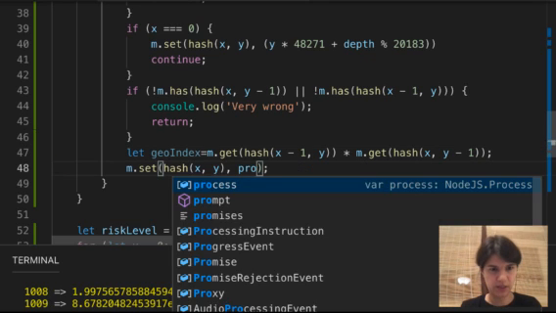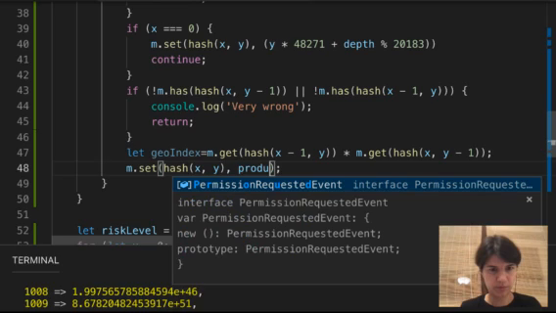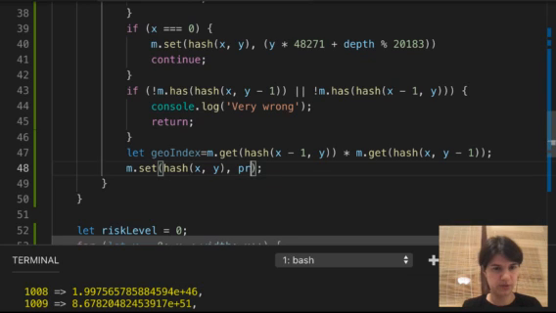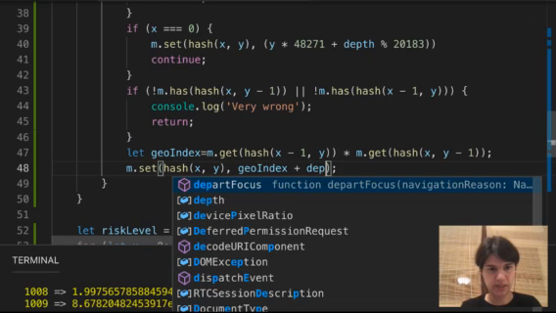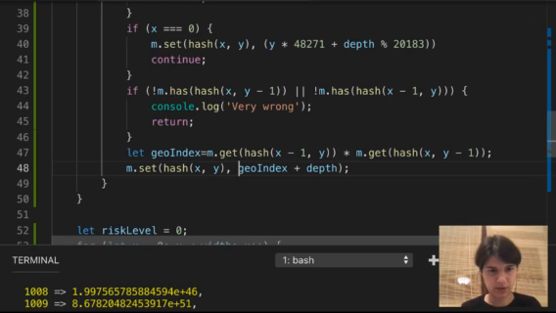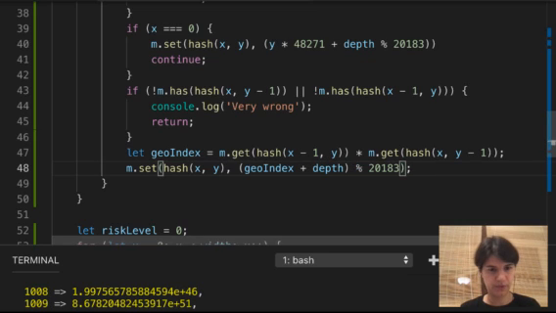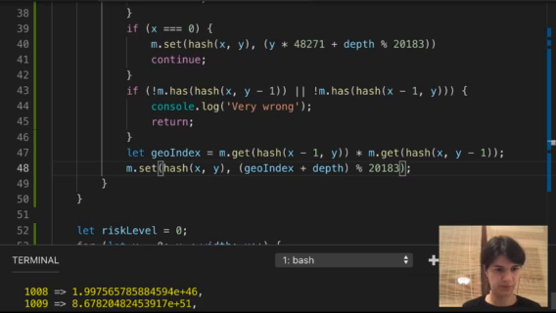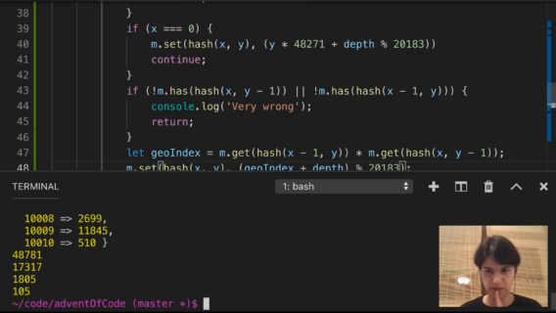And then we want to take the geo index plus the depth and modulo 20183. Okay. All right, 105. Getting closer. It's still not the right number.